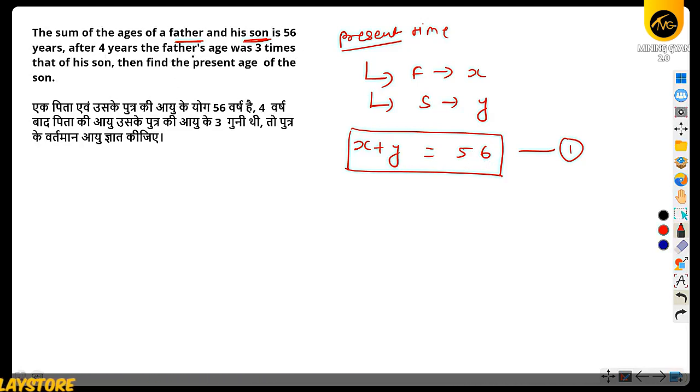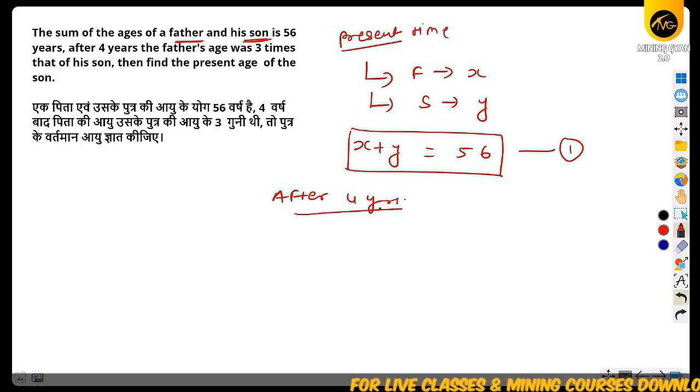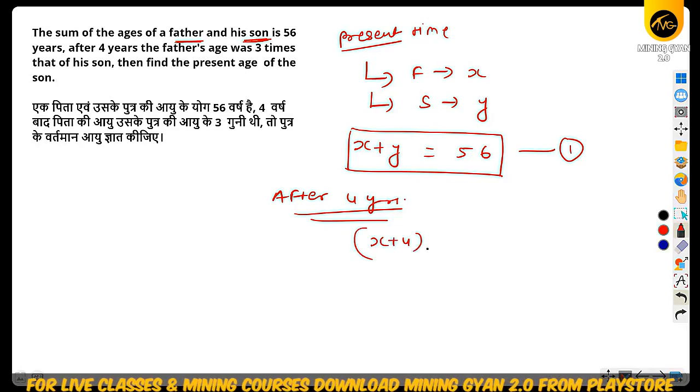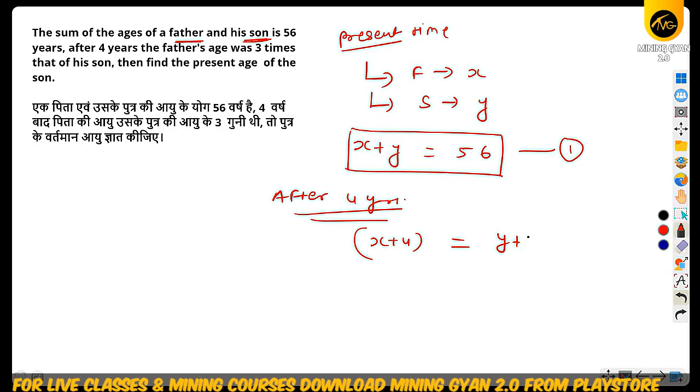Now after 4 years, the father's age was 3 times. Suppose after 4 years, that means the father's age will be X plus 4, right? And the son's age will be Y plus 4, because it's after 4 years.